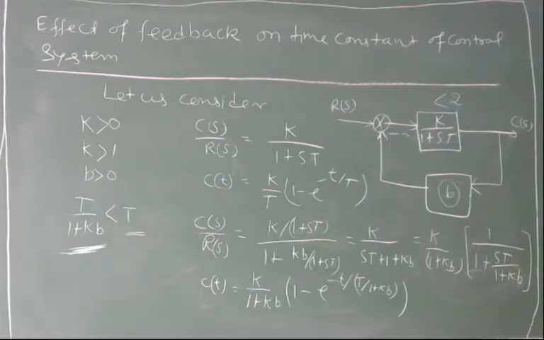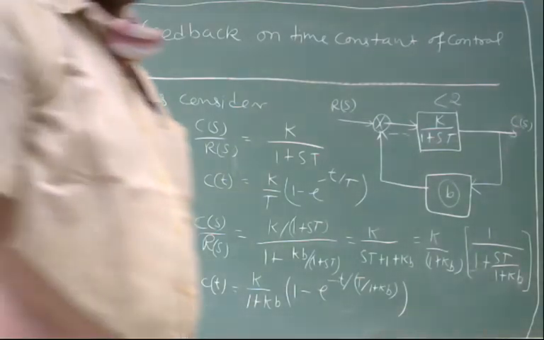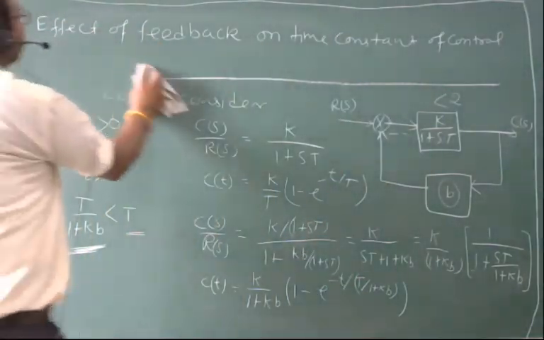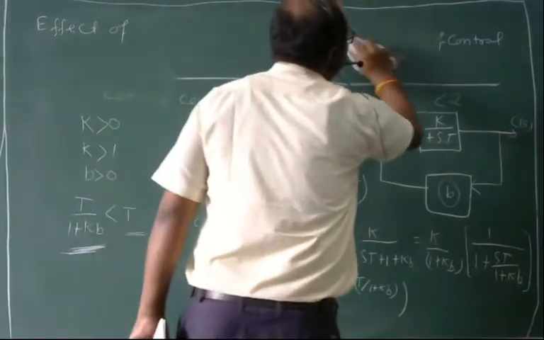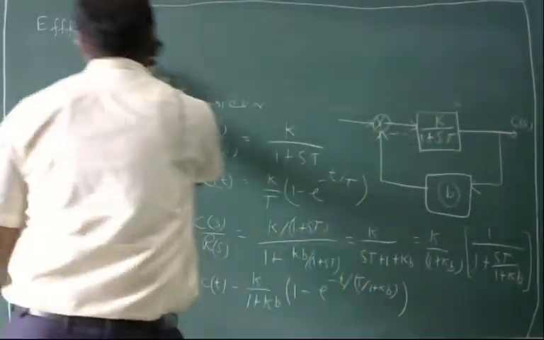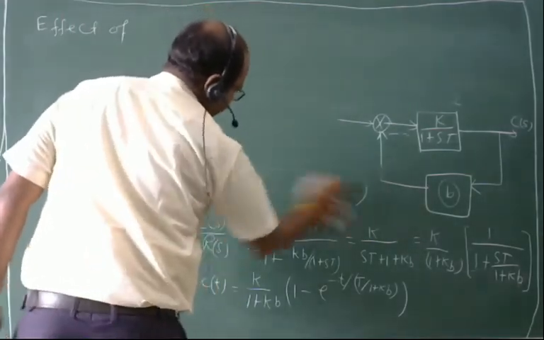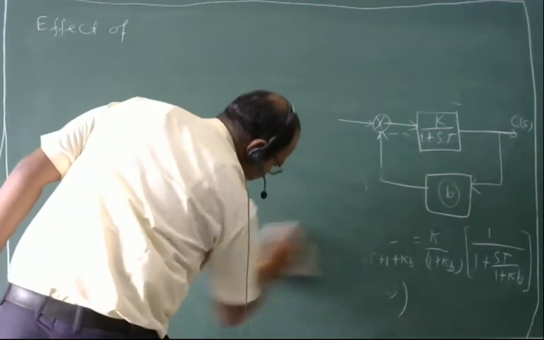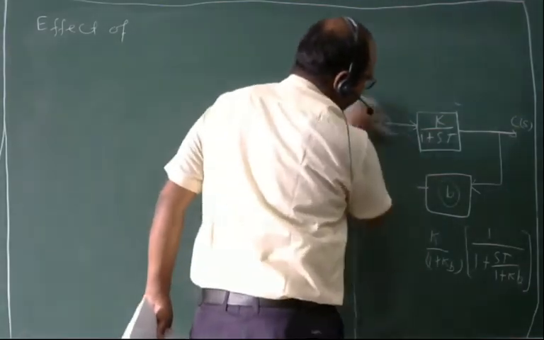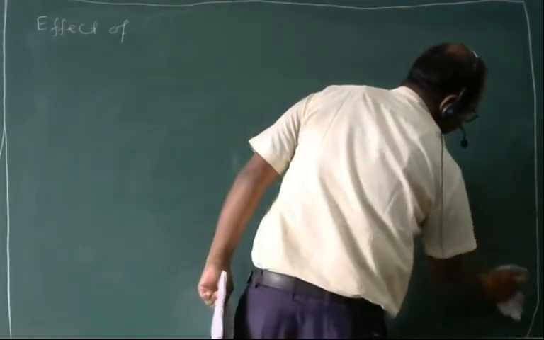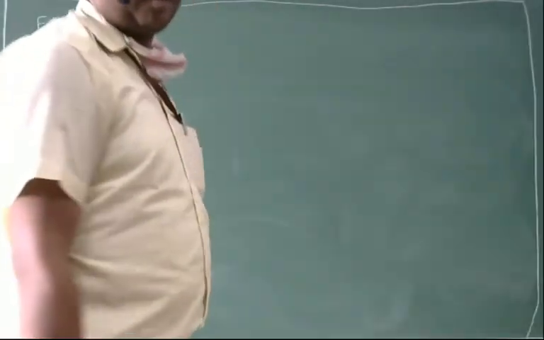Now, effect of adding 0 to a second order system, and this is the last topic of this unit. Effect of adding 0 to a second order system.